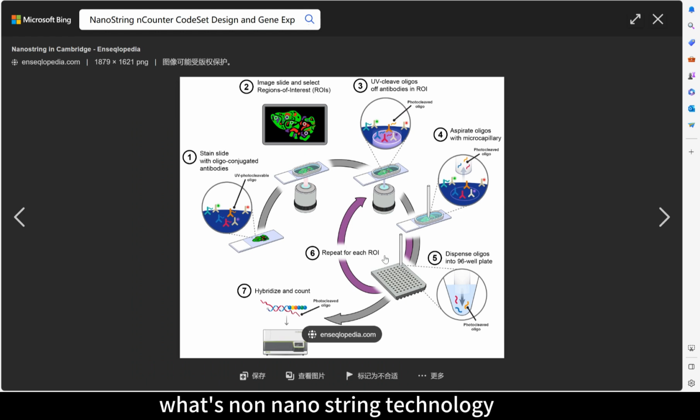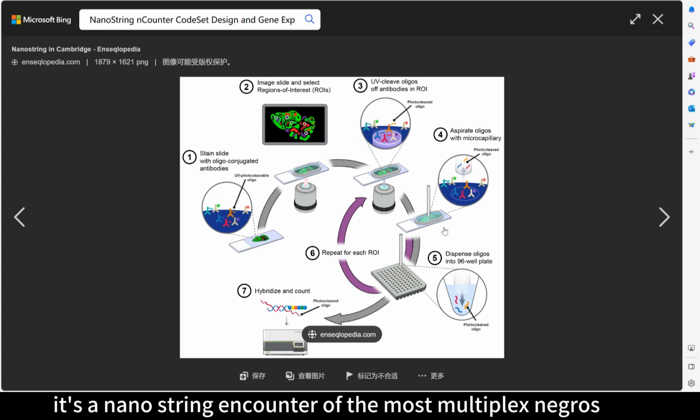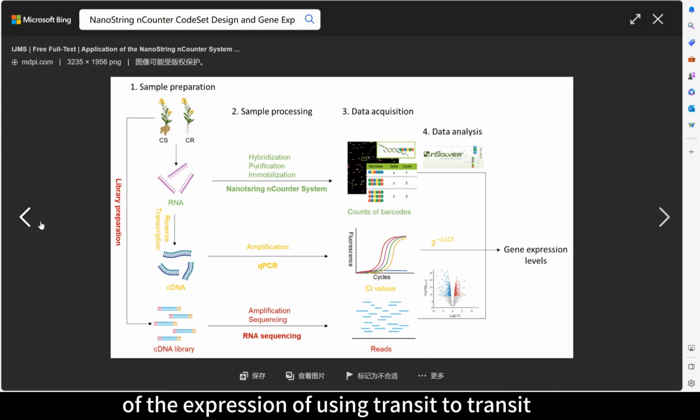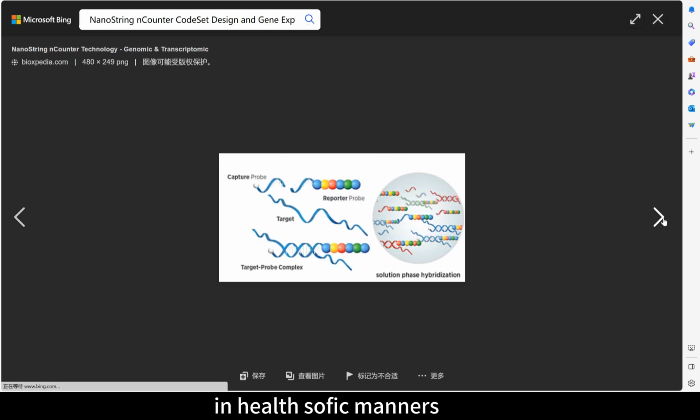What is nanostring technology? Nanostring is a multiplex nucleic acid hybridization technology that allows assessment of gene expression or fusion transcripts in a high throughput manner.